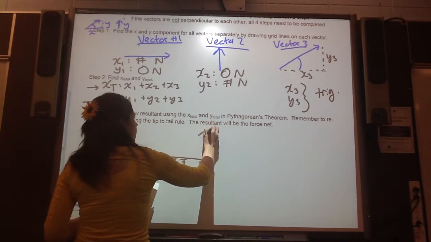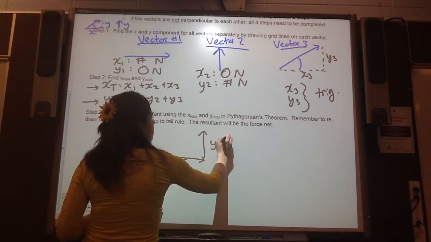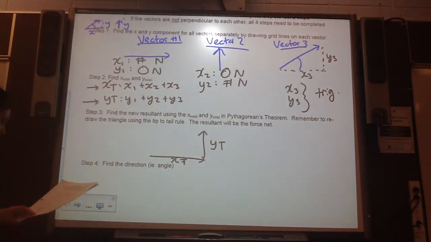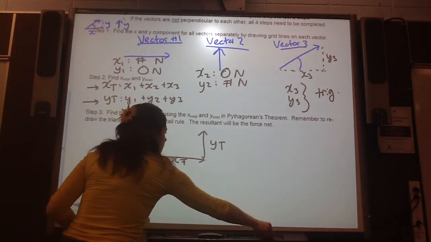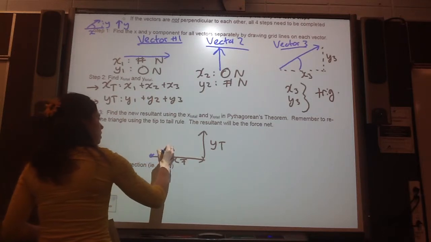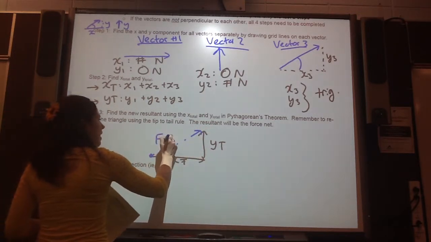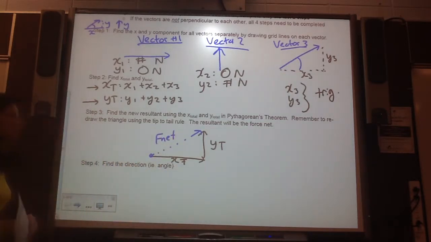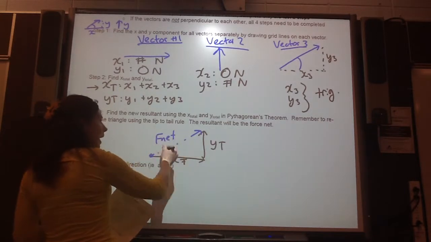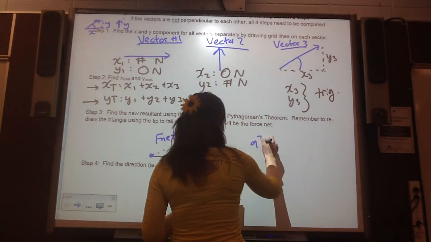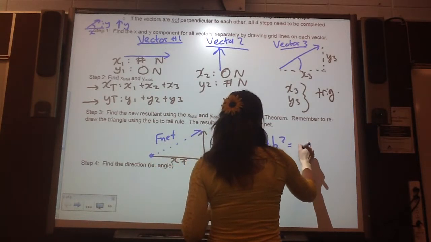And we have our yt. From start to finish, this would be our F net. So you find the magnitude of this by using your a squared plus b squared equals c squared.